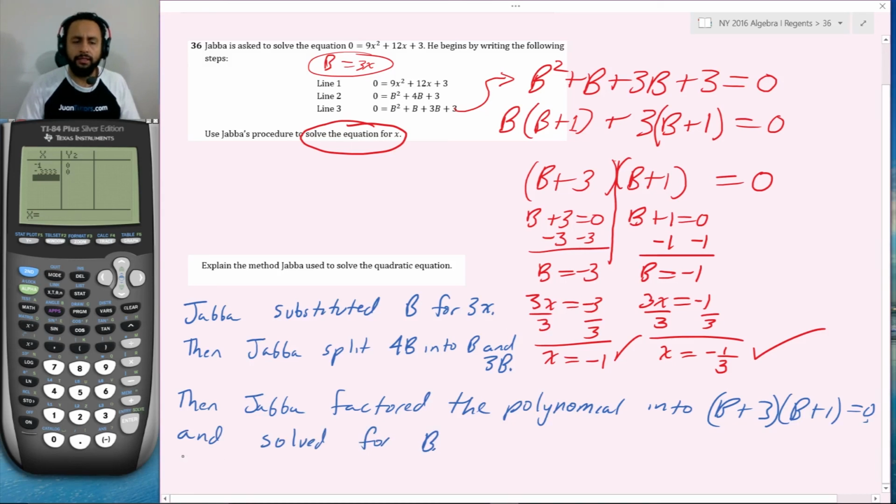Okay, he then substituted 3x back into b and solved for x. Okay, and that's really it. That's what he did.